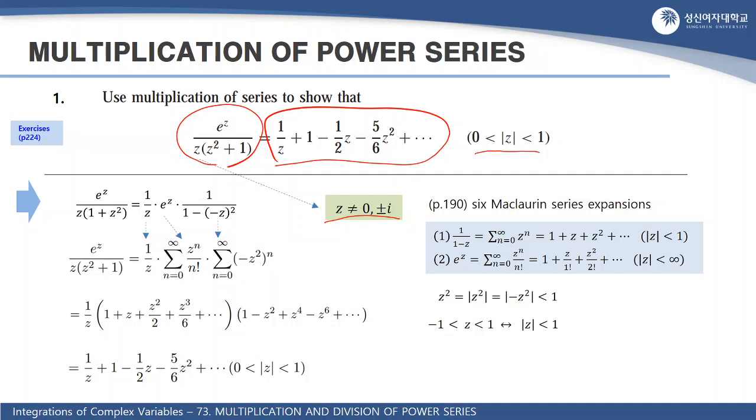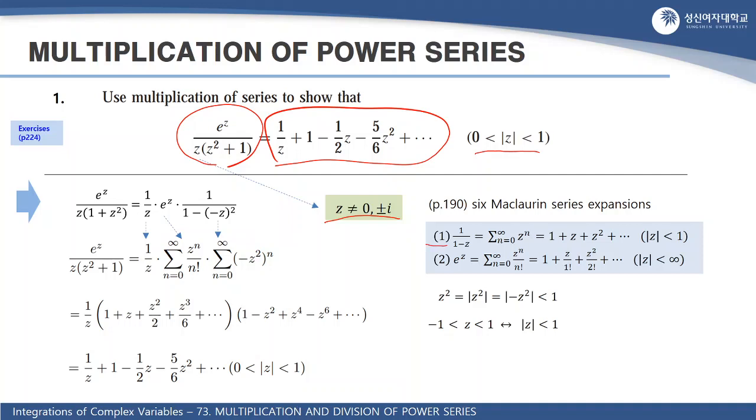this function is analytic because e to the g is entire, and also the denominator is the product of two polynomials. First is g and second is g squared plus 1. So we are going to use two of the six Maclaurin series we know.